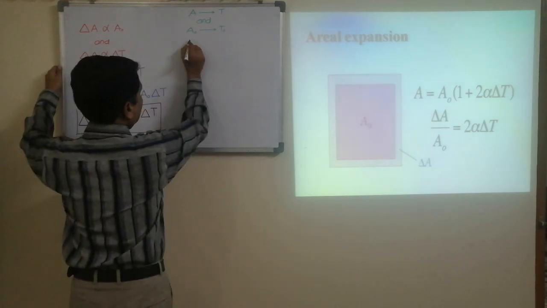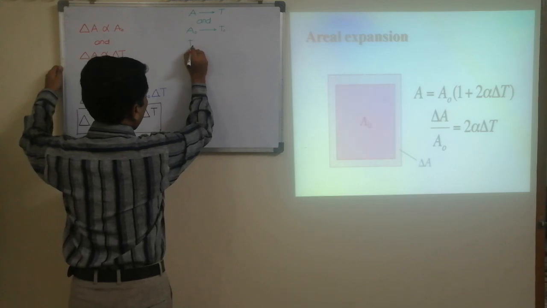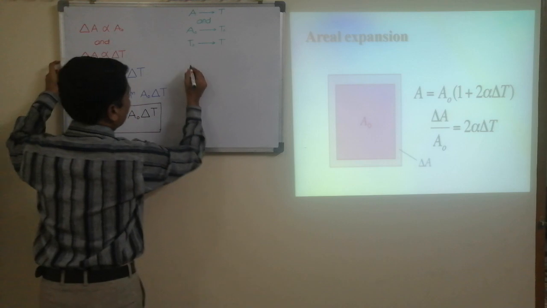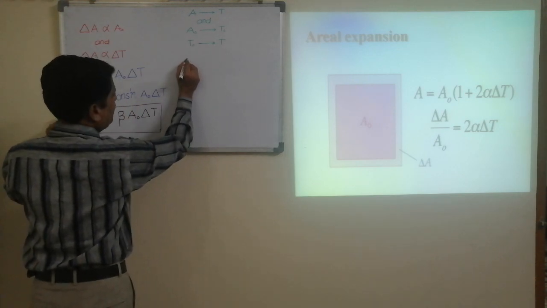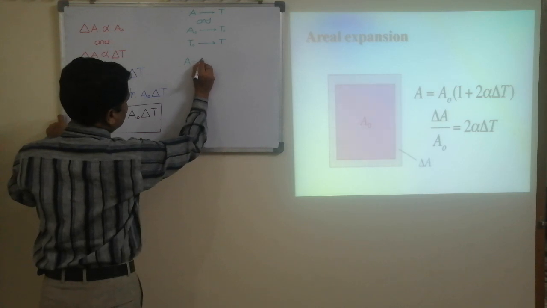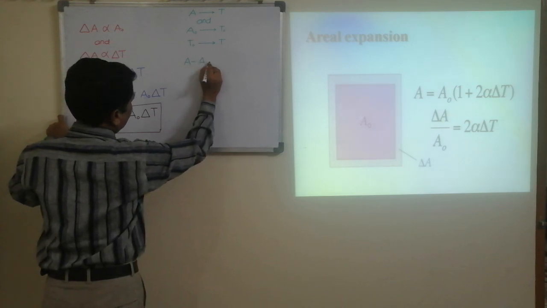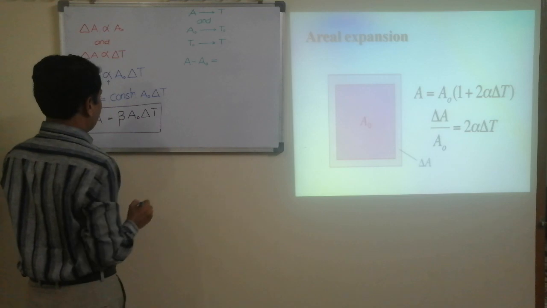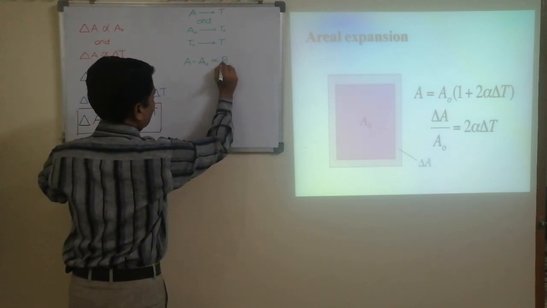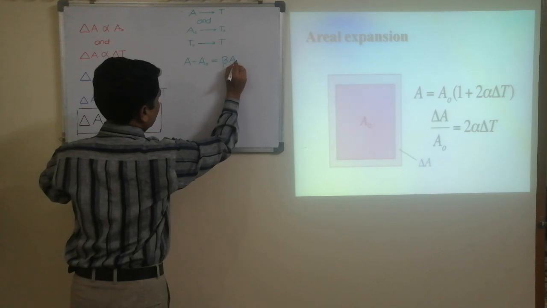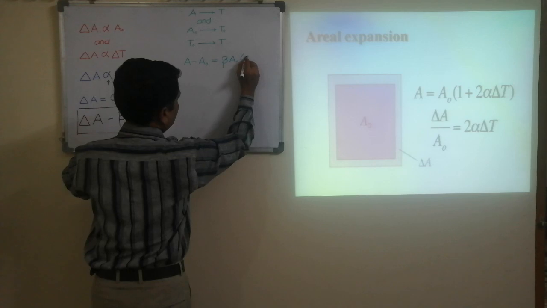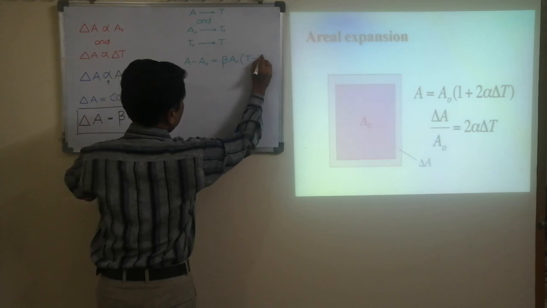If the temperature changes from T naught to T, then we can write the change in area, A minus A naught, equal to beta into A naught into the change in temperature, T minus T naught.